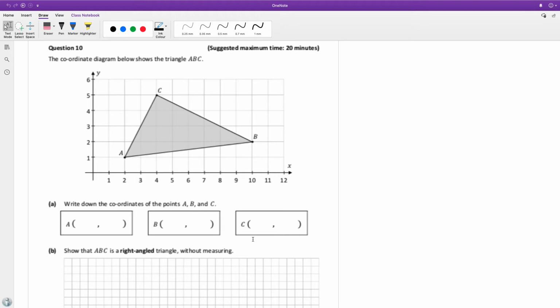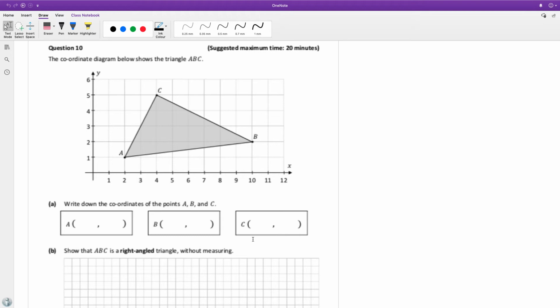This one A to C, is it? It runs 2 and rises 4 over 2. C to B, it runs from 4 to 10 and it falls from minus 3 to 6.